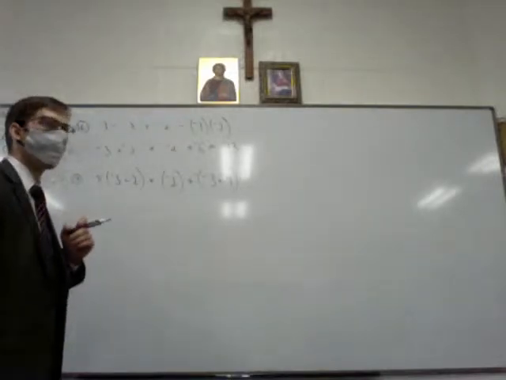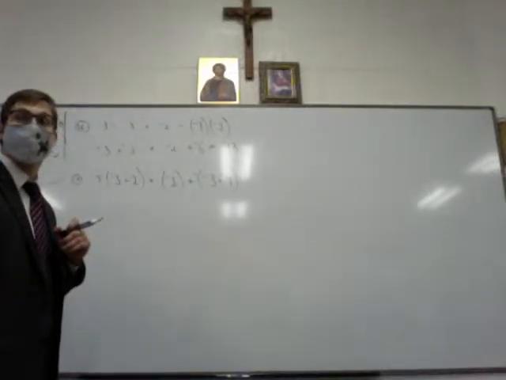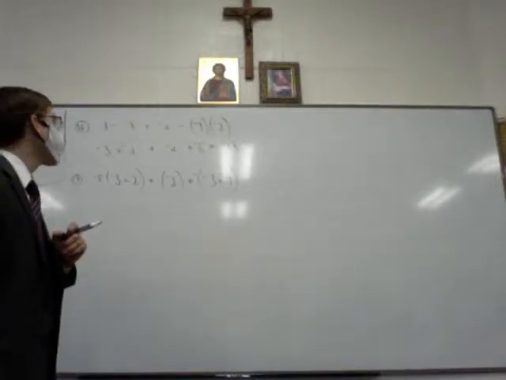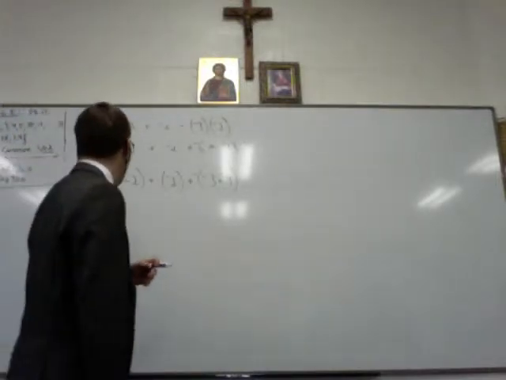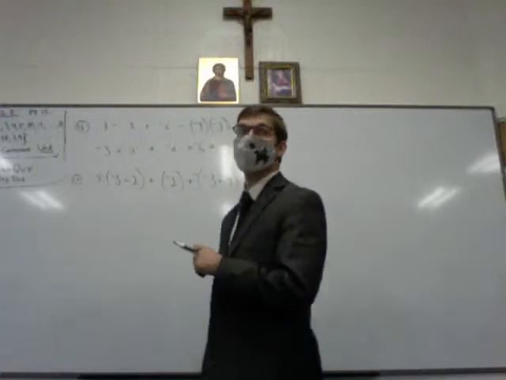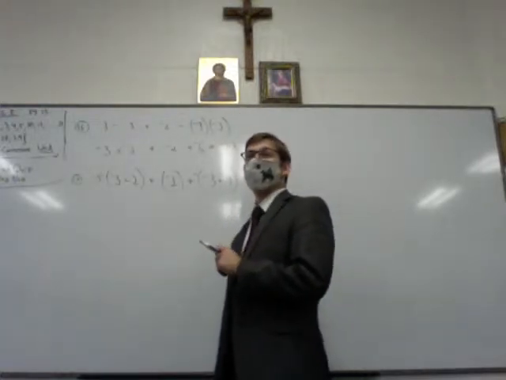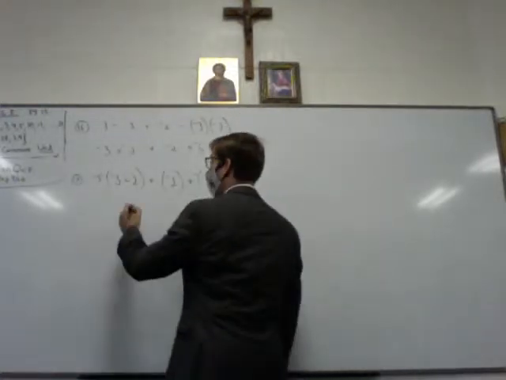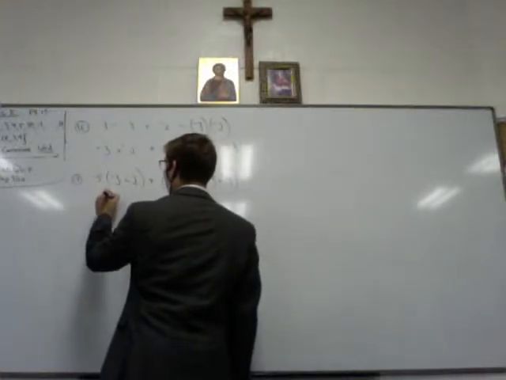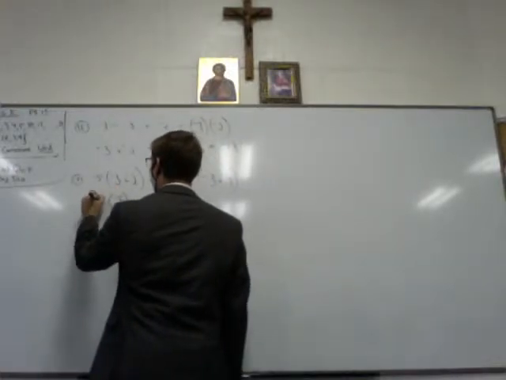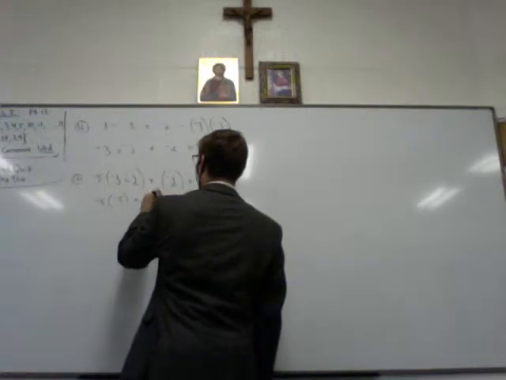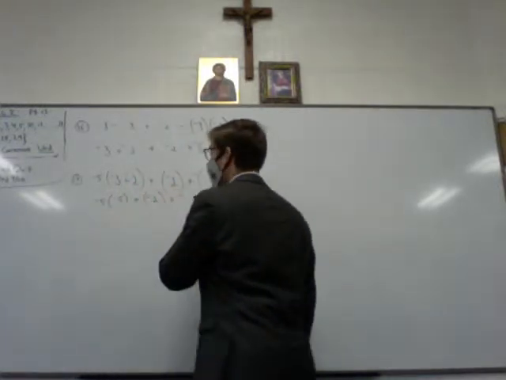Order of operations tells me to do parentheses first. Inside my parentheses, you add -3 and -2 and get -5.